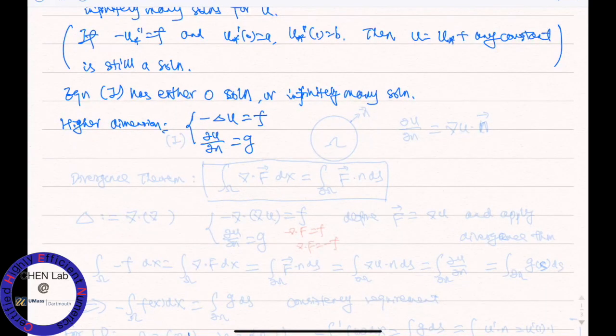In this case, if you have a 2D domain, here is your omega. The n is this normal direction. So du/dn is simply gradient u dot n, in this direction n. That's a high dimensional version of u prime.